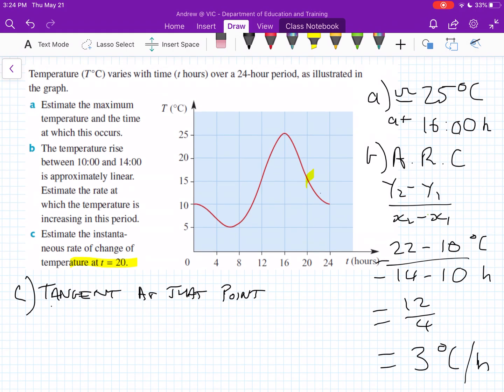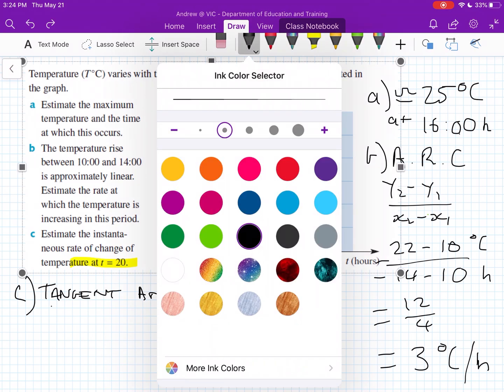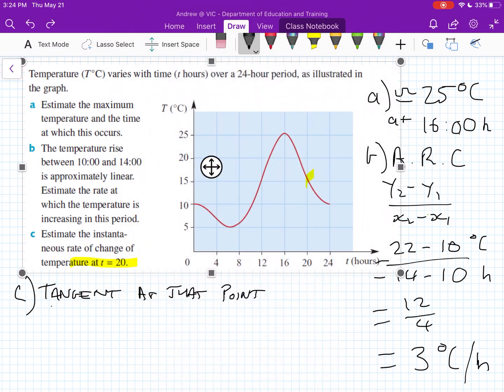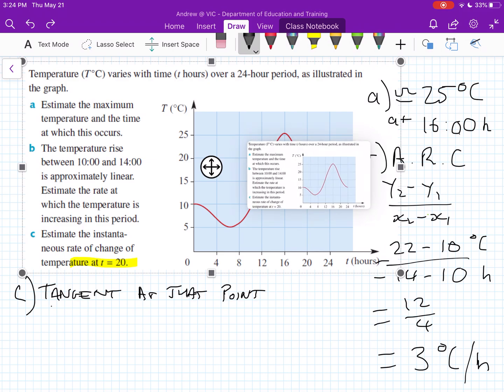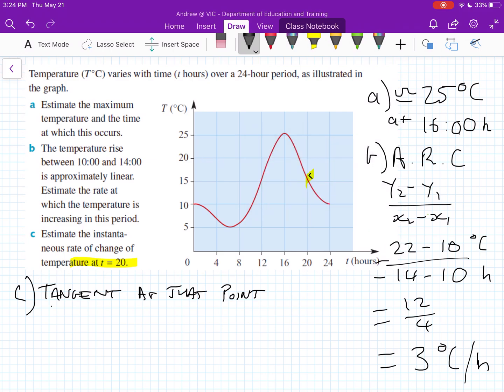That was hopeless. I might just try and freehand it actually. So with this, your tangent is where it touches that line and keeps going. Probably should have done this before because it's really hard to do on this.